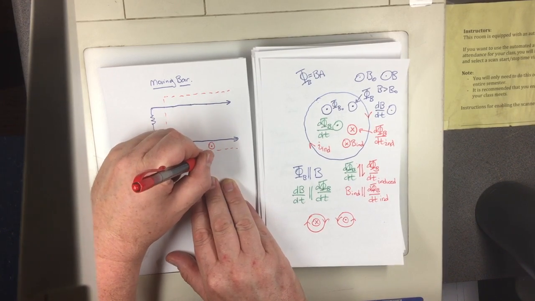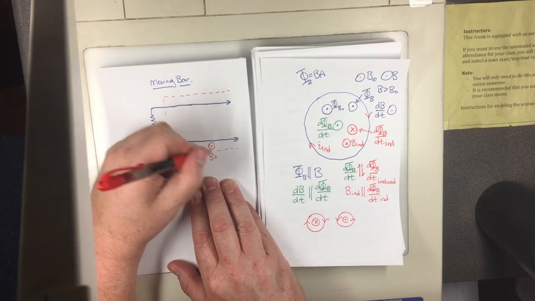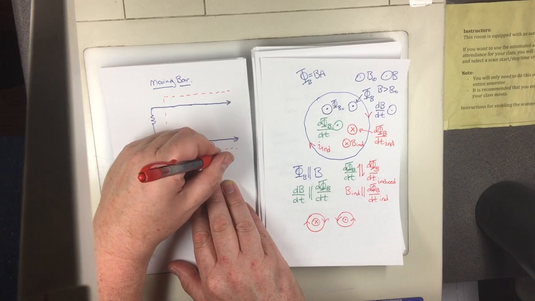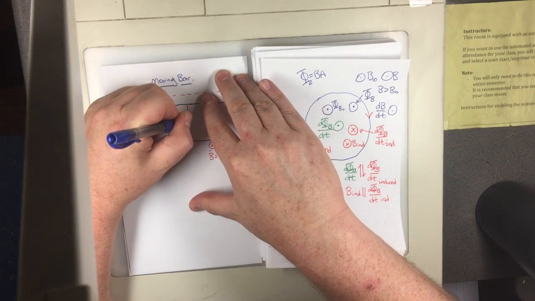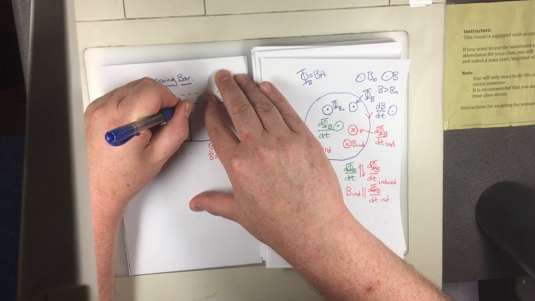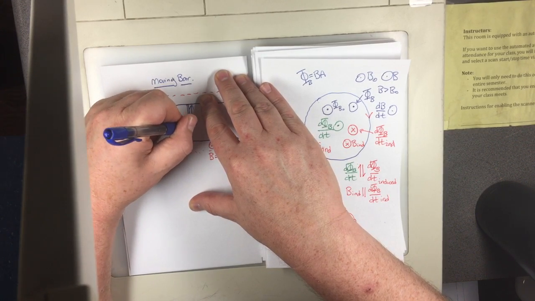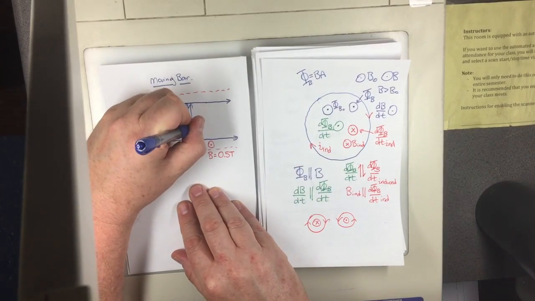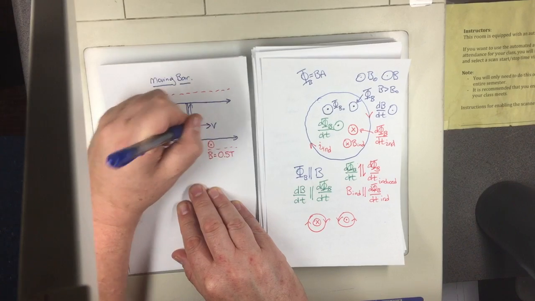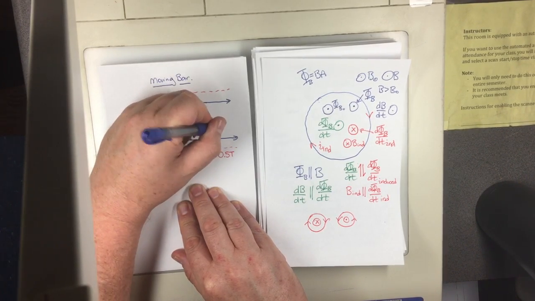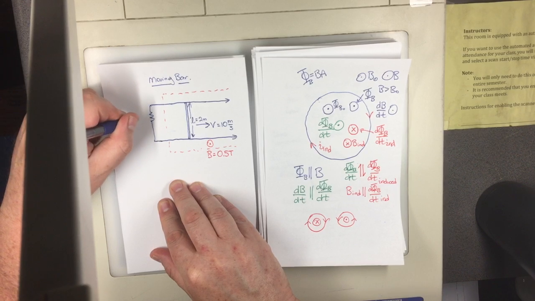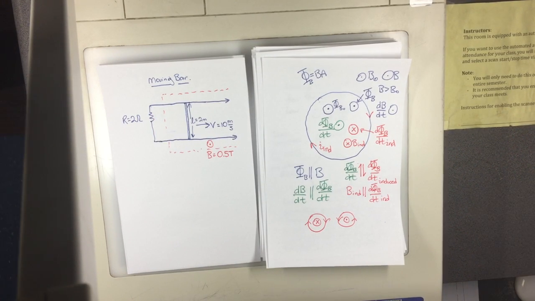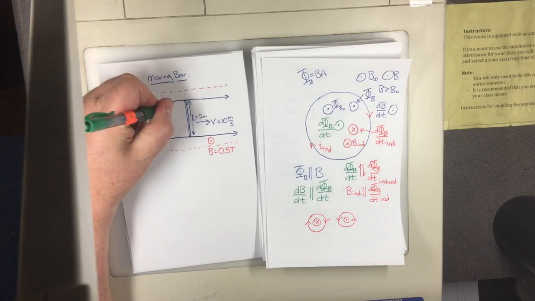B field is out, and the B field has a magnitude of 0.5 Tesla. There is a bar resting on this wire, and the bar has a length of L. The bar is moving with a velocity of V. Bar length 2 meters, velocity 10 meters per second. The resistance is 2 ohms. And what happens is, you've got this region here.